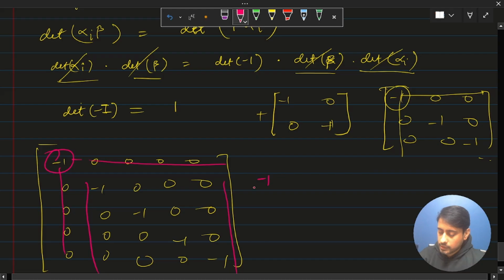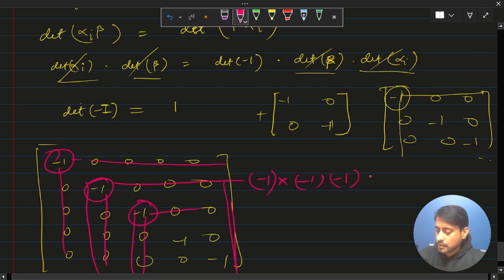To calculate the determinant of this, you will take this -1, and take the determinant of this. To calculate the determinant of this, you will take this, and then you will keep going like this. So if you have a 5-dimensional matrix, you will encounter these terms one time, second time, third time, fourth time.